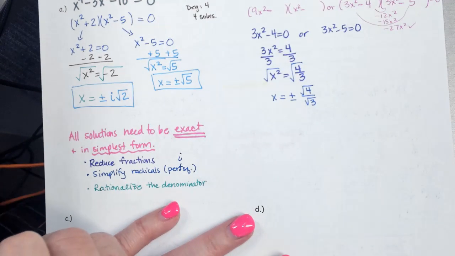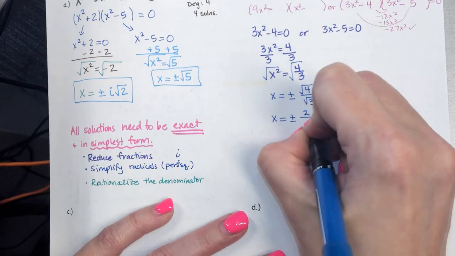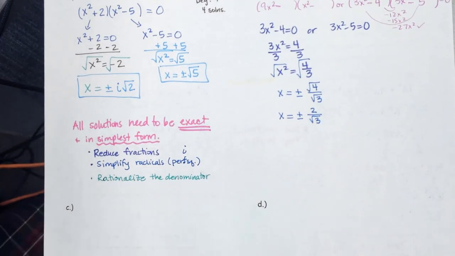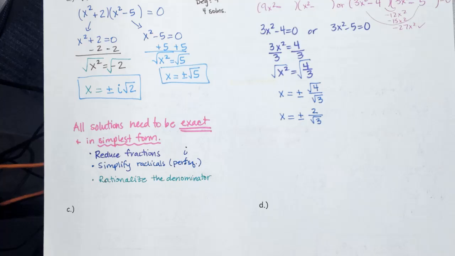Okay, and then sometimes you have perfect squares and they simplify. Okay, so this becomes 2 over root 3. You don't want to keep the bottom inside a square root, so we're going to rationalize. Do you guys remember how to rationalize?